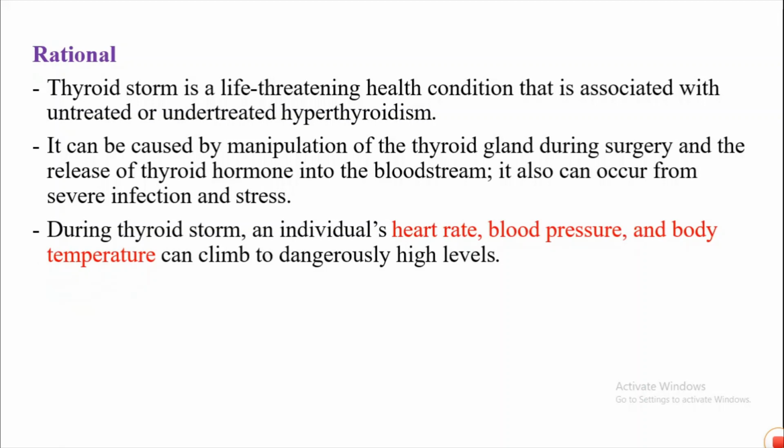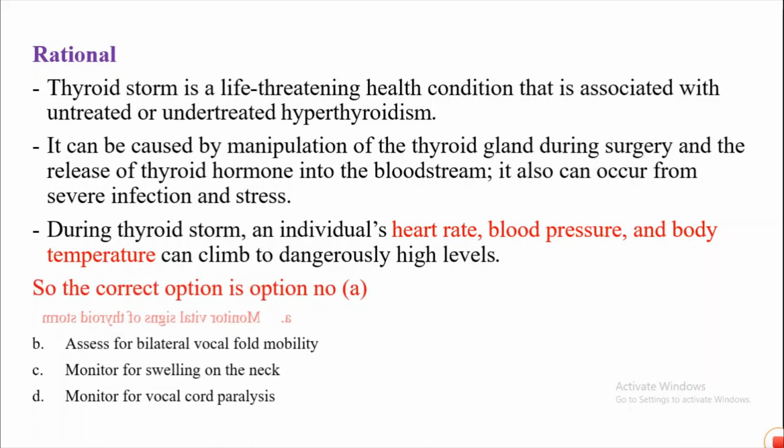During thyroid storm, an individual's heart rate, blood pressure, and body temperature can climb to dangerously high levels. So the correct option is option number A. The nurse should monitor vital signs to confirm whether the patient is in thyroid storm or not.